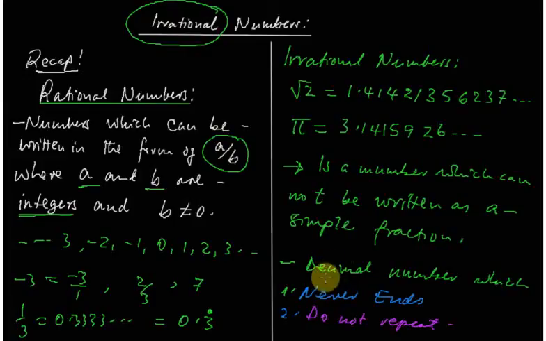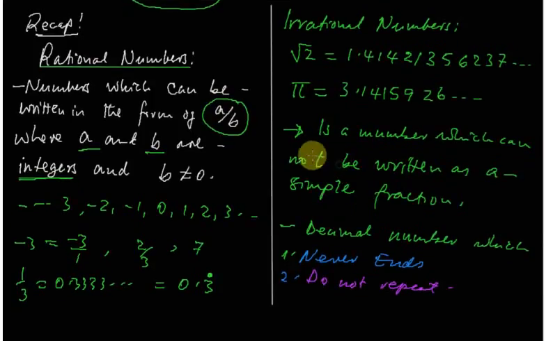These are examples of irrational numbers. An irrational number is a number which cannot be written as a simple fraction, or a decimal number which never ends and does not repeat. These are simple definitions of irrational numbers.